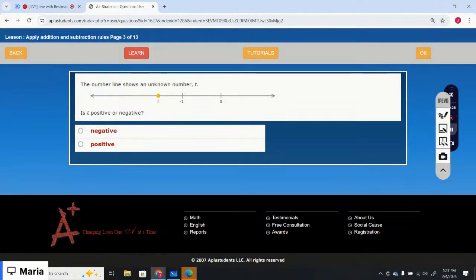Negative it is. T is on the left hand side of the zero. So it is negative.